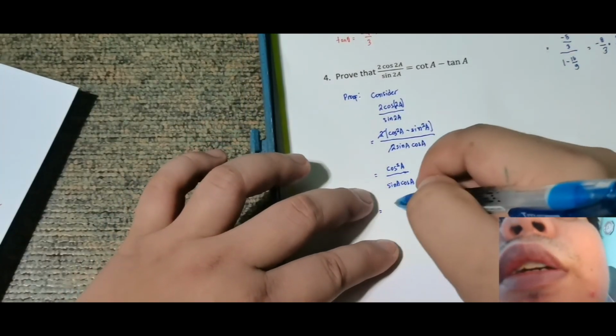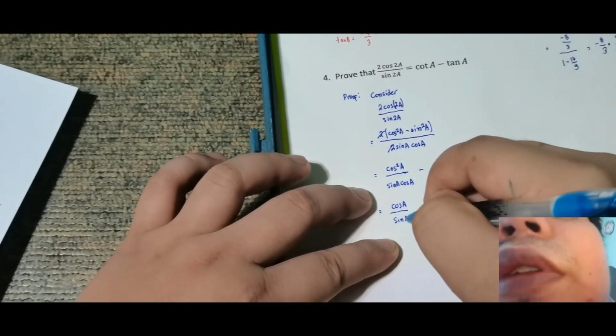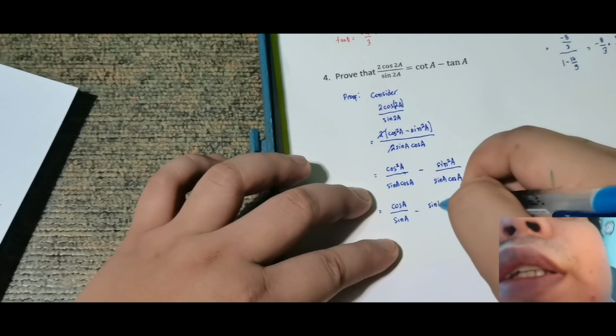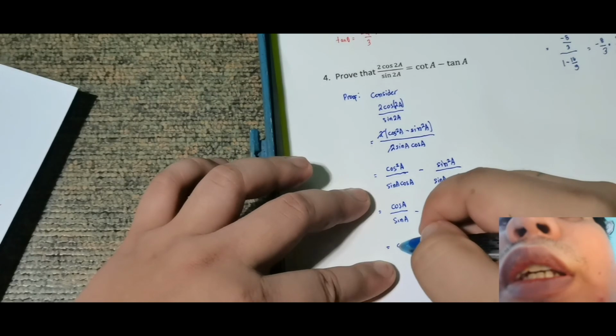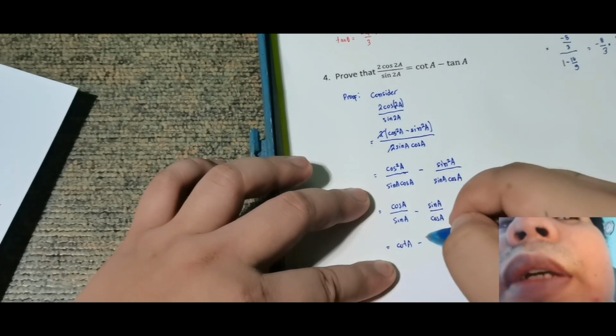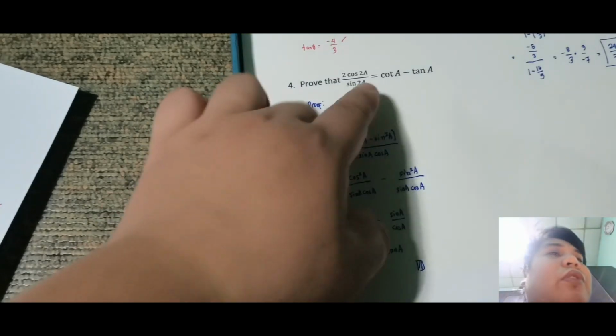So this is equivalent sa cosine A over sine A minus sine A over cosine A, which is equivalent sa cotangent A minus tangent A. So therefore, this is done kasi nakuha ko yung goal ko.